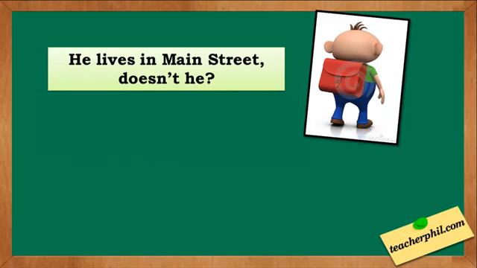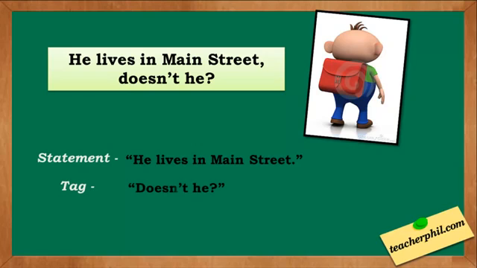Another one, he lives in Main Street, doesn't he? Our statement is, he lives in Main Street. Our tag is, doesn't he? Take note, we don't have an auxiliary verb here.